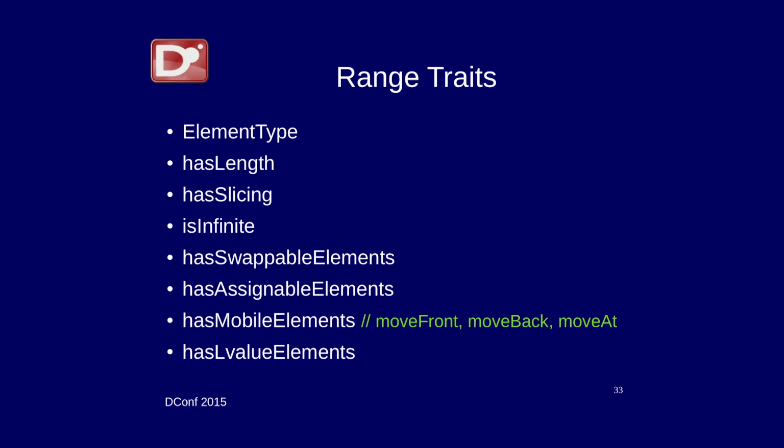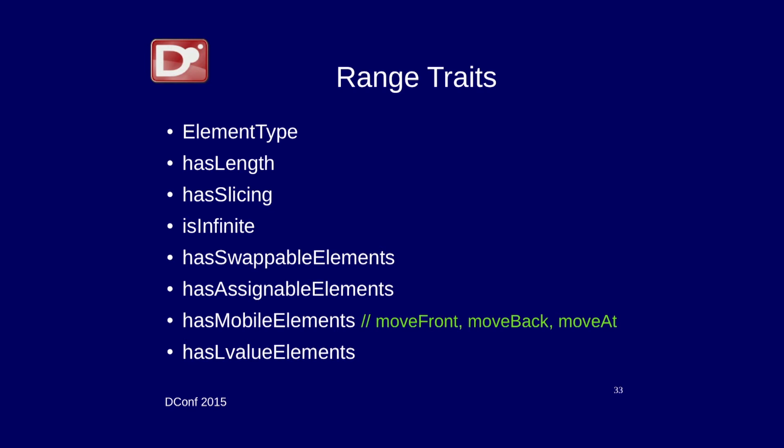There are a variety of other range types that I won't go over all of. The first four are really the ones you're going to use. Normally the others are for more complicated cases where you need swap or move semantics specifically. ElementType gives you the element type of the range.